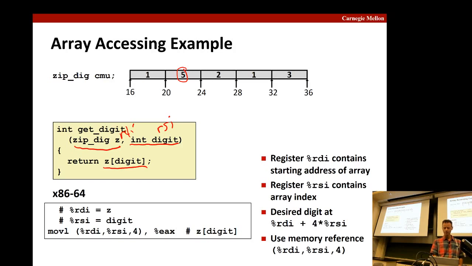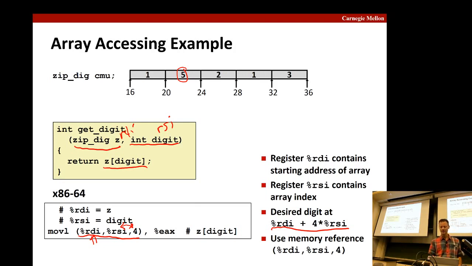In order to extract that digit, you'd have this code here. So what is this doing? Well, if you recall, you take the product of these two, so this computes what's shown here: RDI plus 4 times RSI.